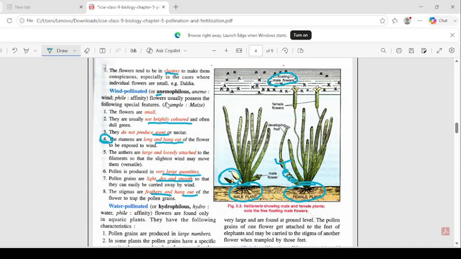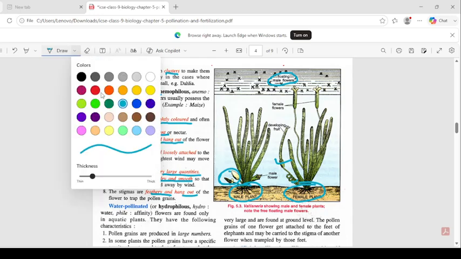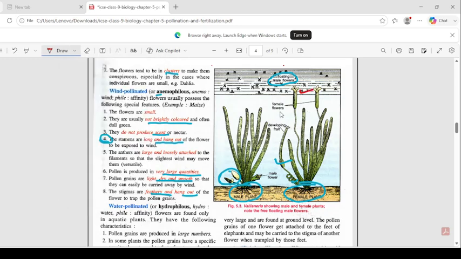This spring-like structure will open up and reach the top of the pond where they are growing, so that it can capture the pollen grains which are already present at the surface of the water. And this way pollination takes place, and after pollination this style withdraws back to the base, and then this way fertilization occurs in Vallisneria, which is one of the submerged hydrophytic plants.